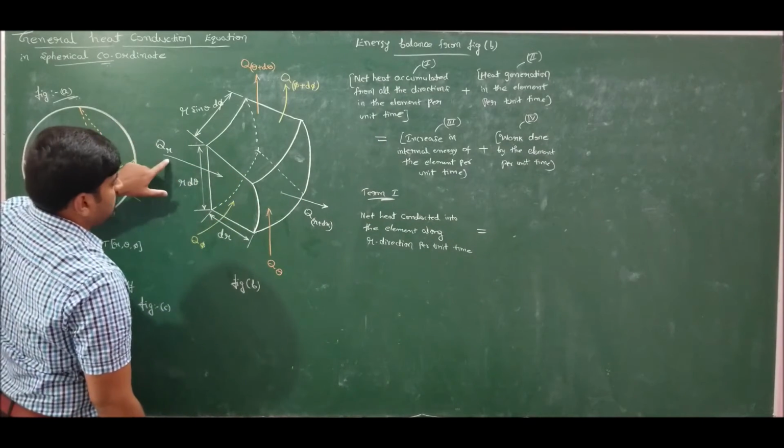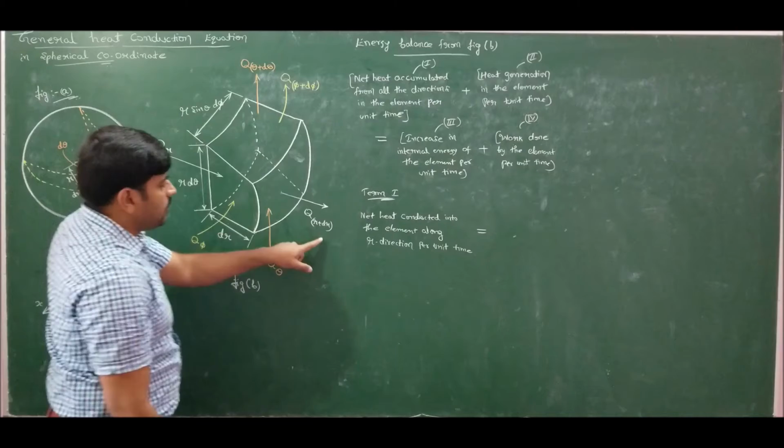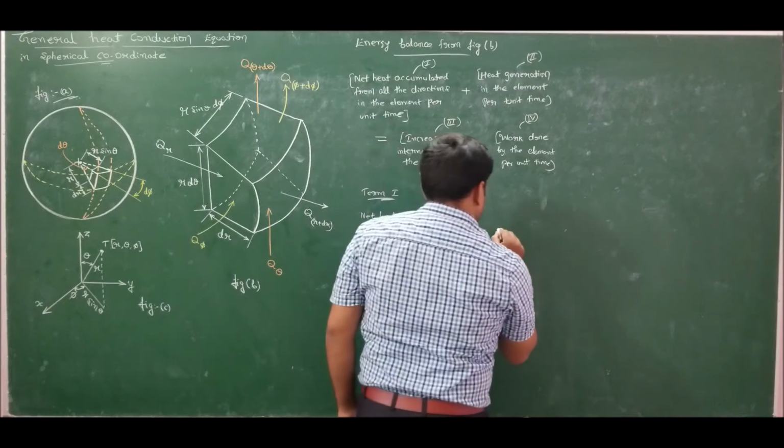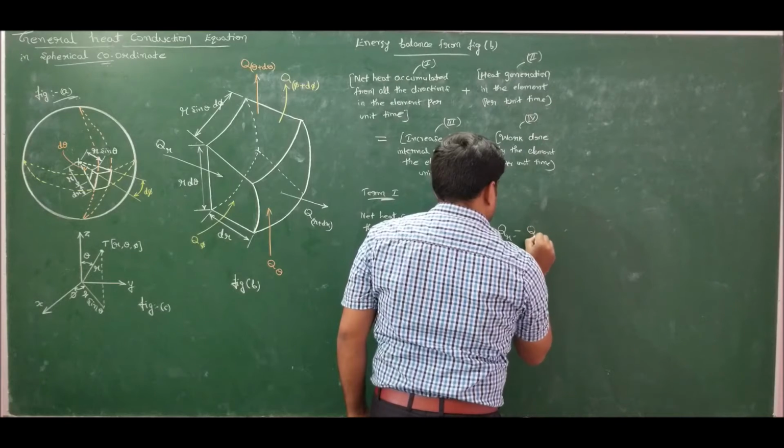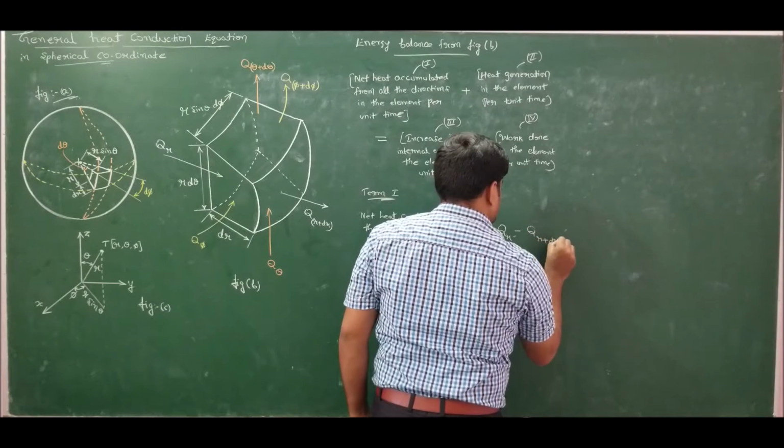Along r direction Q r is entering, what is leaving? Q r plus dr is leaving. So entering is Q r, leaving is Q of r plus dr.